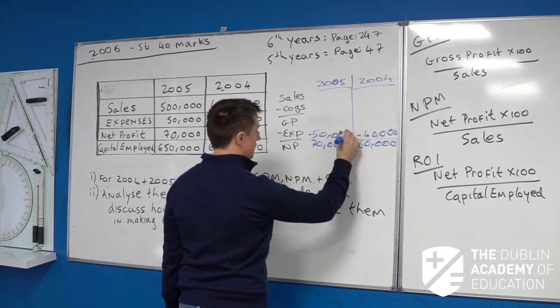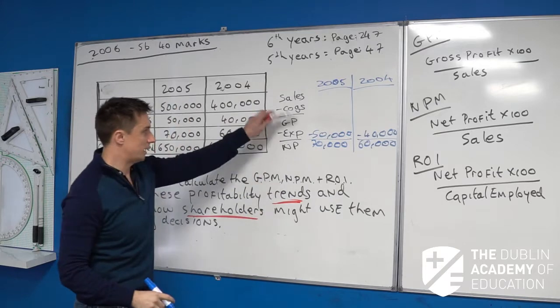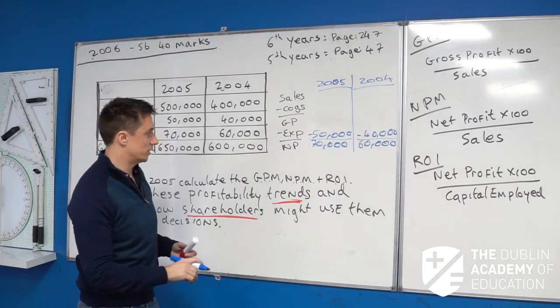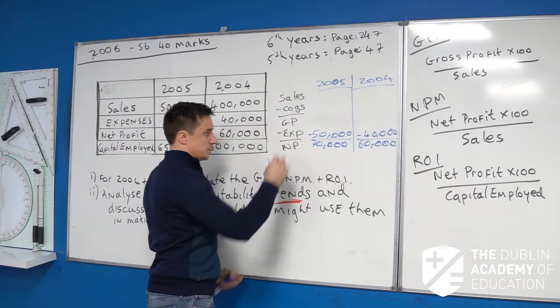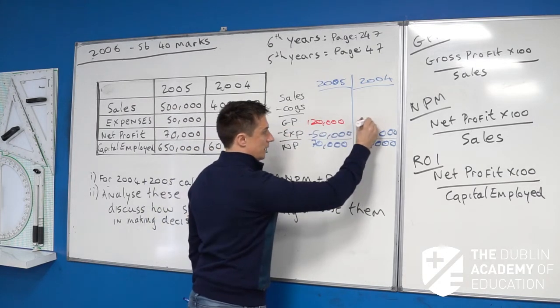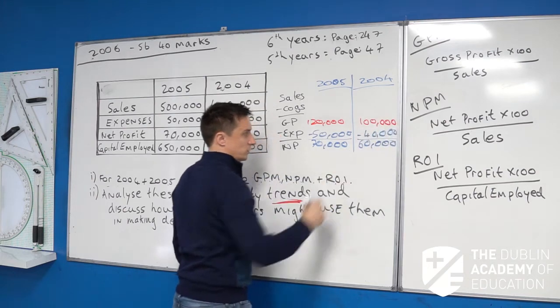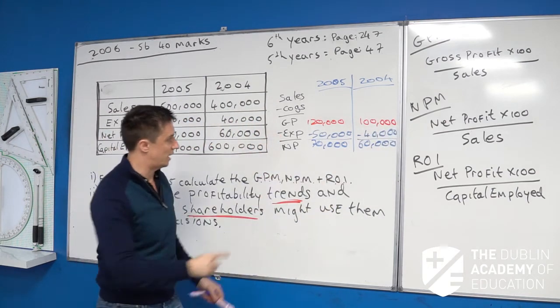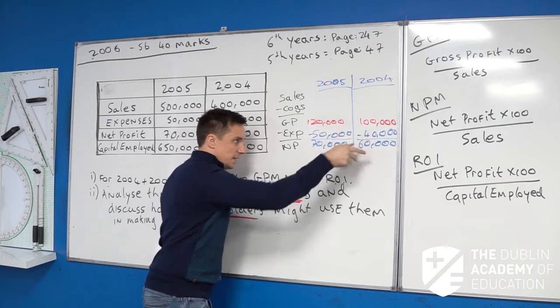You can get this done in no time. You put in the figures, and you know yourselves, I add these two together, that gives me my gross profit, 120,000, and I add these two together, that gives me my net profit, 100,000. Always add it up yourself, like 120 minus 50 is 70. Build the habit.